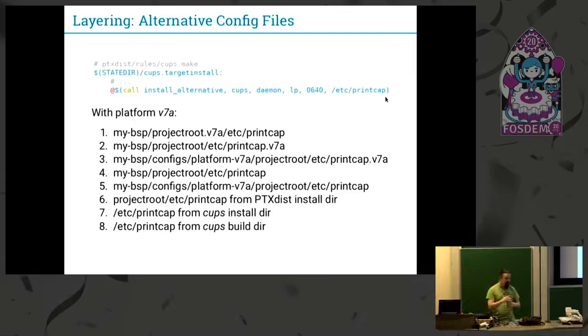And you can override this by any one of these locations. So first locally in your BSP, then it gets searched further up. Then in the project root directory from the PTXdist installer, and then in the cups installer, and then in the cups build dir. So you have a lot of options to override config files for different configurations.